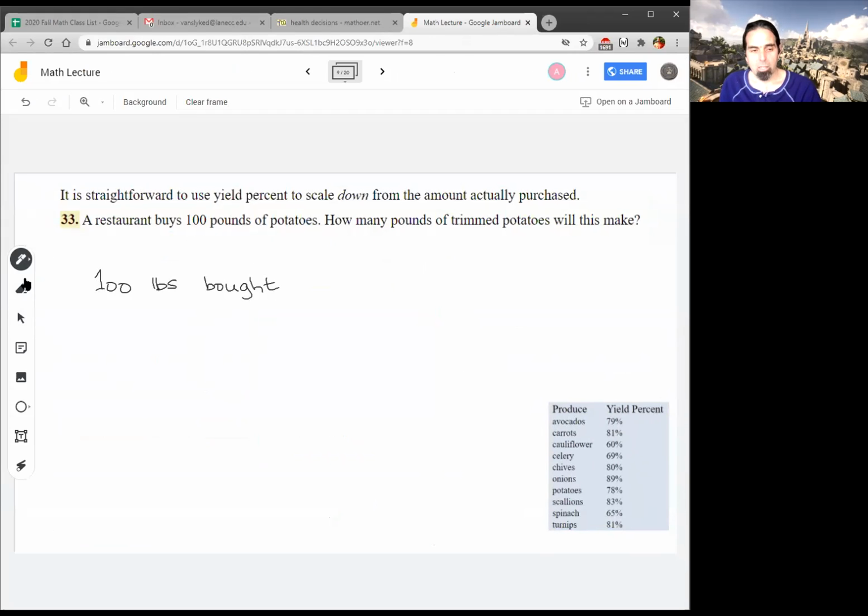We trim the potatoes, so we go down over here and say that for potatoes, it's 78%. We can use rip-flop, go left out of percent.